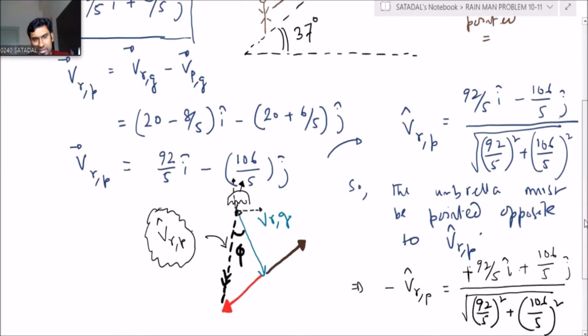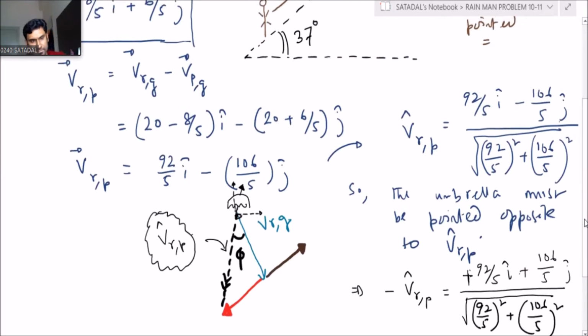Any doubt, please? Yes, Sutik, tell me. How did you take VRP equals 92 by 5 I cap minus 106 by 5 J cap and divided by under root?